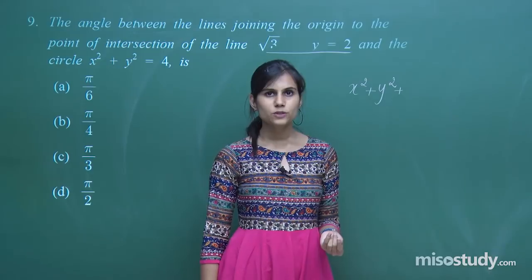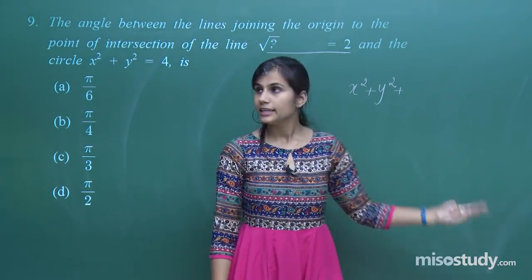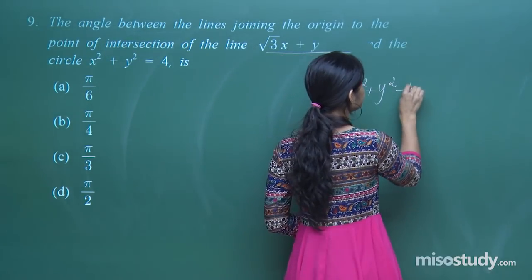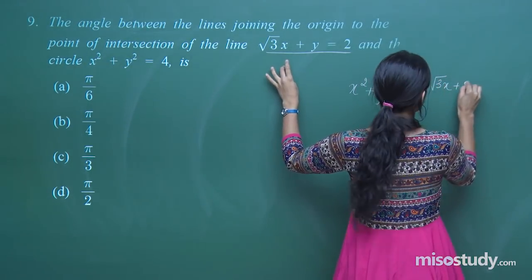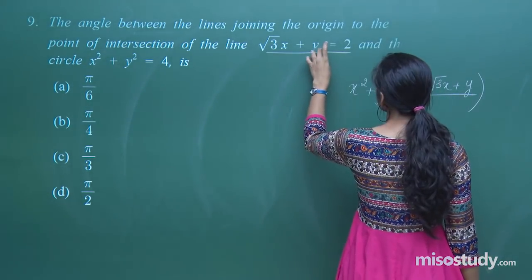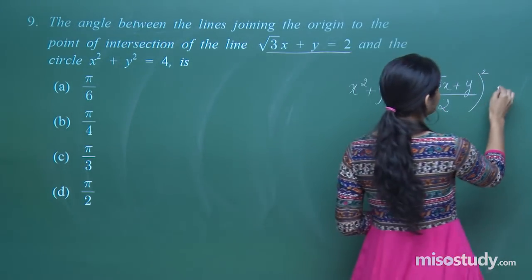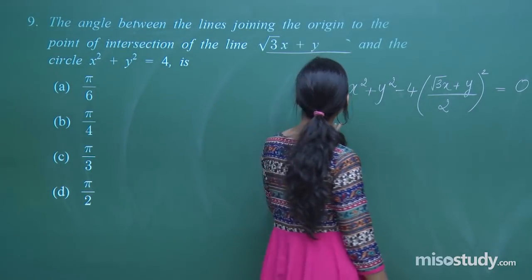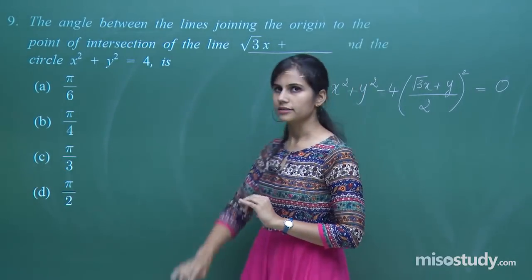But there is no 2gx plus 2fy term, so that also is not going to come over here. Then you have plus c. C is minus 4. So you get minus 4 times Lx plus My upon minus n. So already this is minus 2, minus of minus 2 gives you 2, whole square, equals 0. This is the combined equation of the straight lines joining the origin to the point of intersection of this line and this circle.